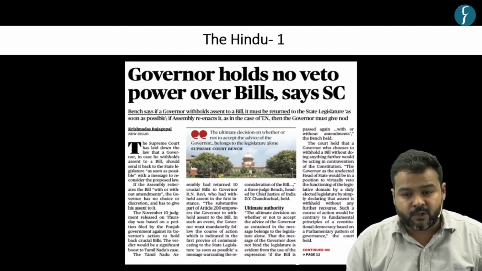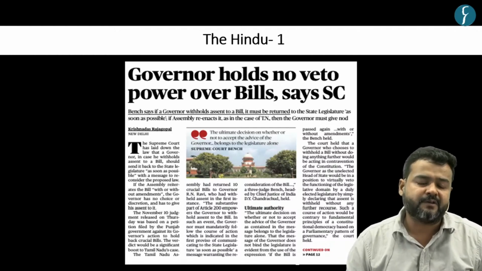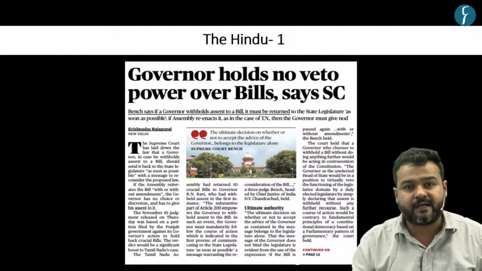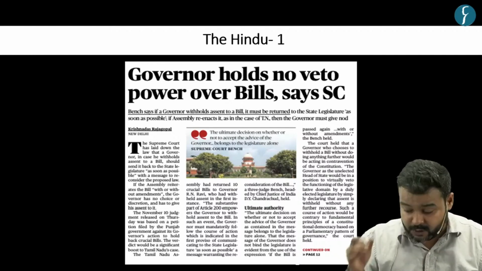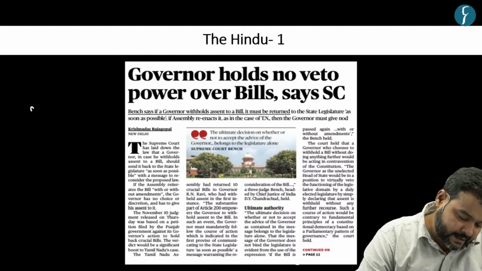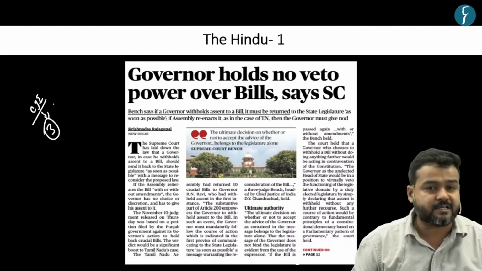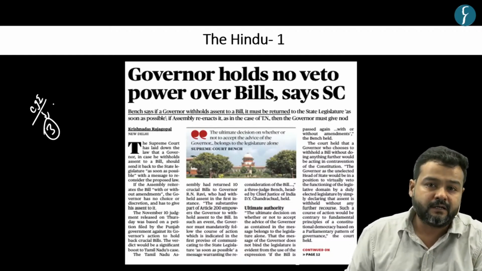Several governments like Tamil Nadu, Kerala, West Bengal, Punjab. Of late, the Punjab government approached the Supreme Court, and a bench led by CJI Mr. D.Y. Chandrachud, a 3-judge bench, came up with an order.